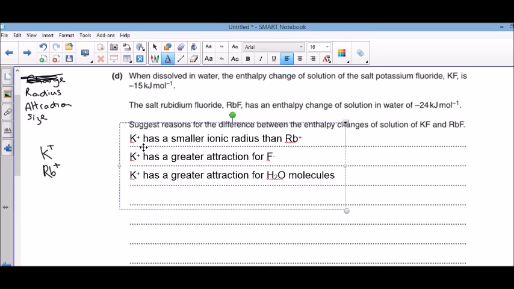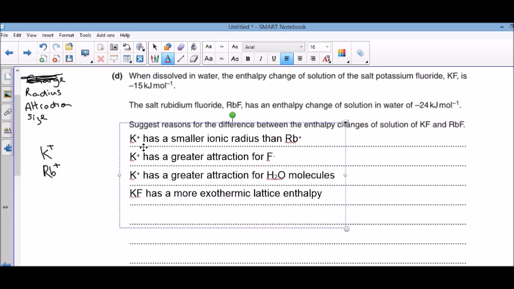So we're going to say attraction and then size. So KF has a more exothermic lattice enthalpy, and K plus has a more exothermic enthalpy of hydration.